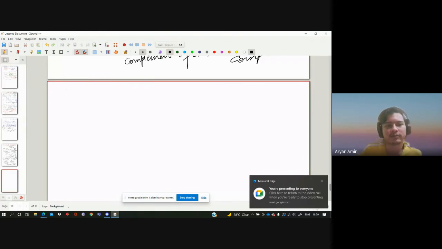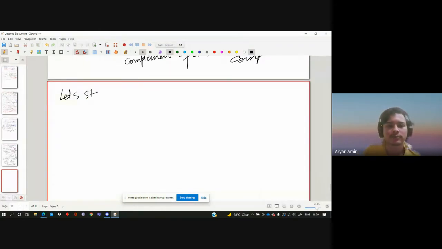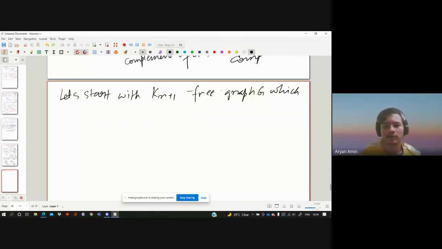Let's move on. So what we will try to prove is, let's start with a K_{r+1}-free graph G, which is also edge maximal. What I mean by edge maximal is that if you add one more edge, it will result in a K_{r+1}. Okay, so we will prove that it must satisfy the non-edgeness equivalence property.